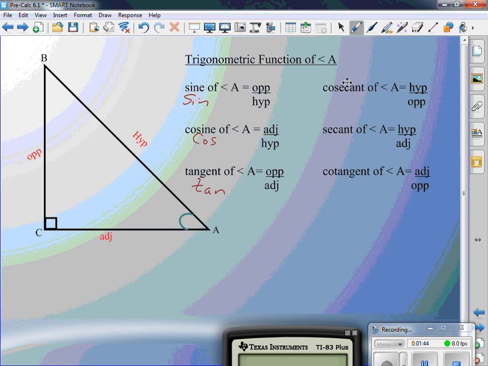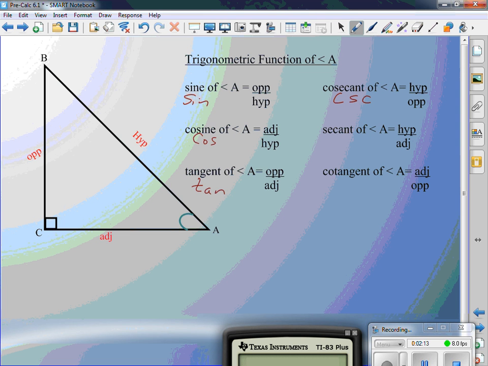The cosecant is the inverse of the sine. That's where you have to be careful about the signs. What's the abbreviation for cosecant? Nope. Not SEC. CSC.